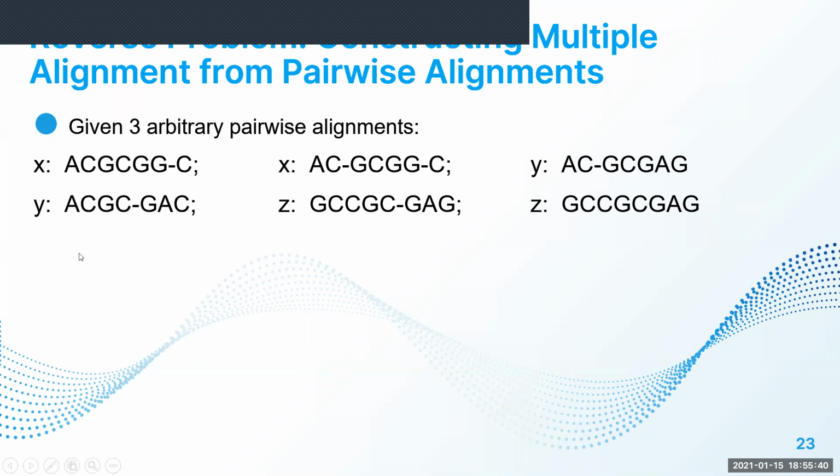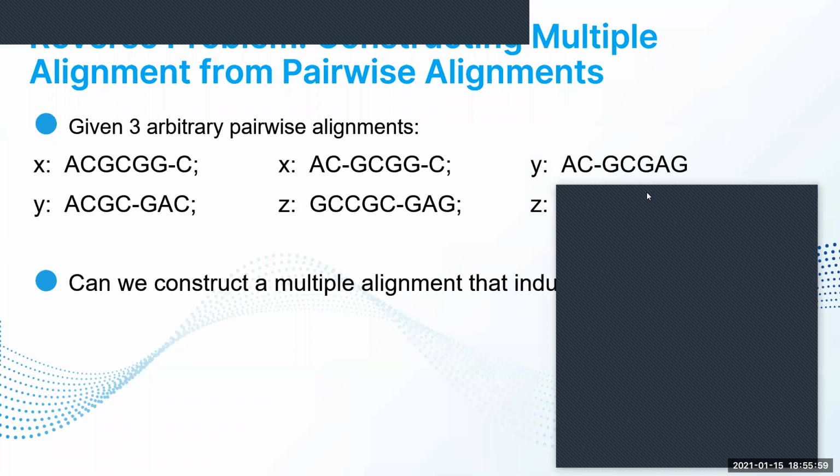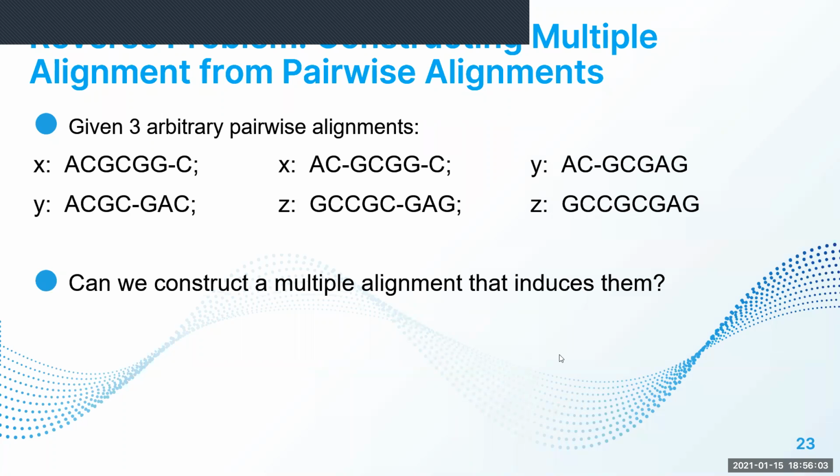Like we do the pairwise alignment, then try to get the multiple alignment. Can we do that all the time? I'll give an example, then that will work.